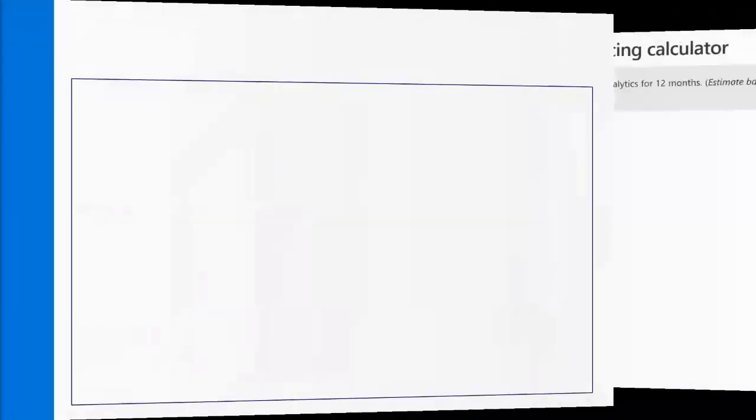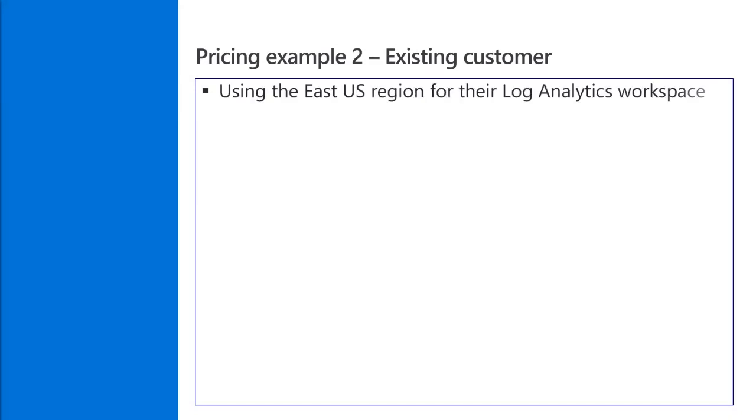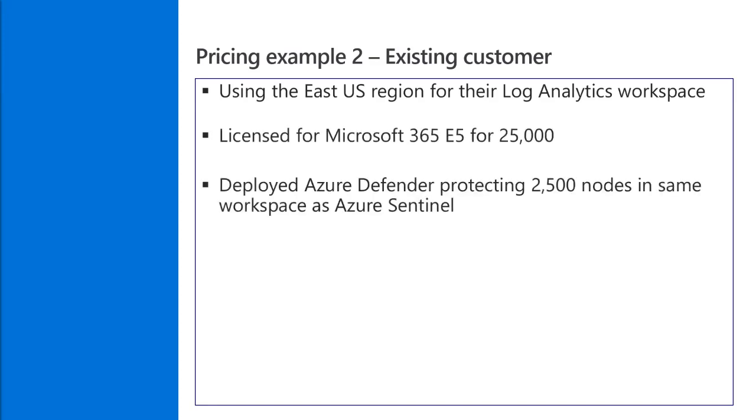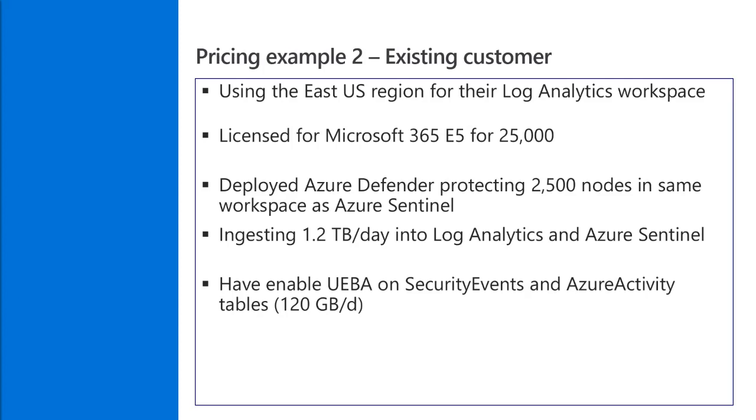So let's look at now the second example, an existing customer using the US East region for their Log Analytics workspace, licensed for Microsoft 365 E5 for 25,000 seats, deployed Azure Defender protecting 2,500 nodes in the same workspace as Azure Sentinel, and ingesting 1.2 terabytes a day into both Log Analytics and Azure Sentinel.